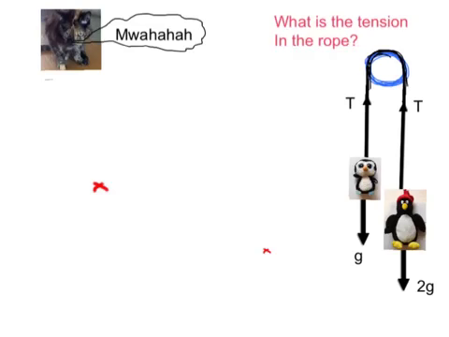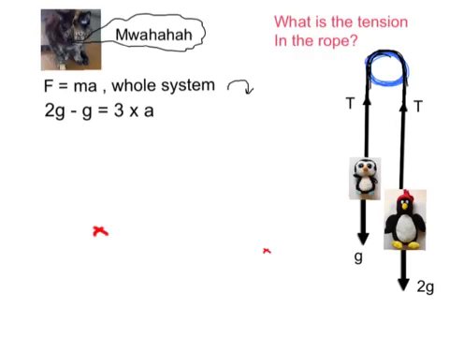So if I now use F equals ma for the whole system in the direction of acceleration, I get 2g, which is Cedric's weight, minus g, which is Waddles' weight, because the system's accelerating this way, so this force is pulling us positively in the direction of acceleration, this force is going against, and we can ignore the tensions because we're treating it as one particle system, okay?